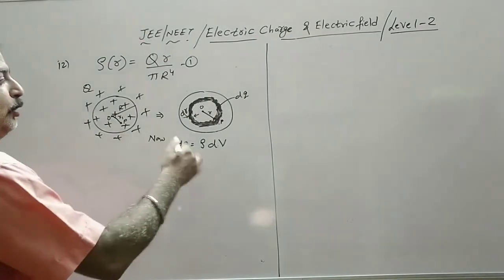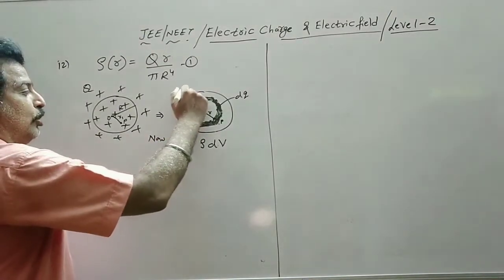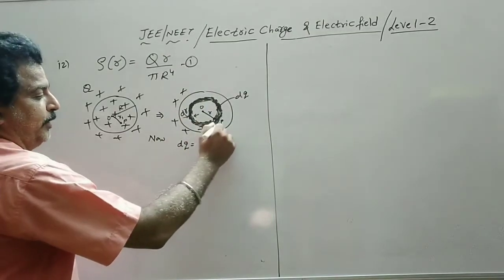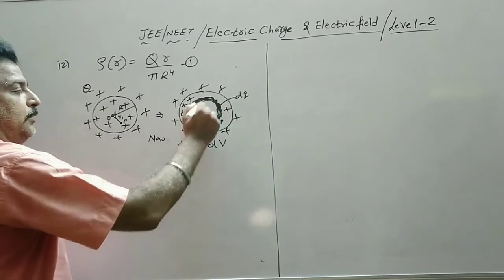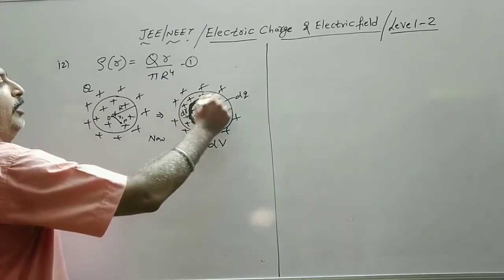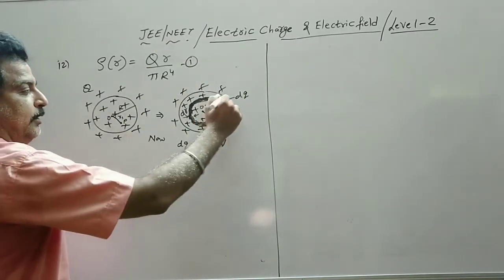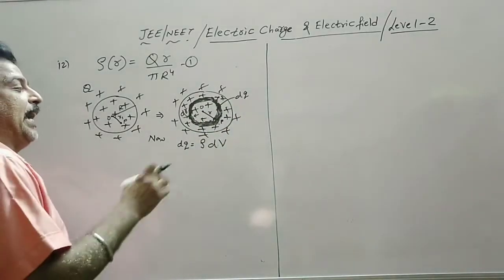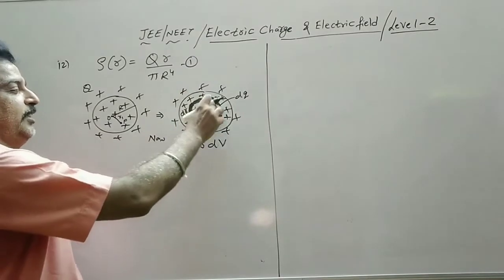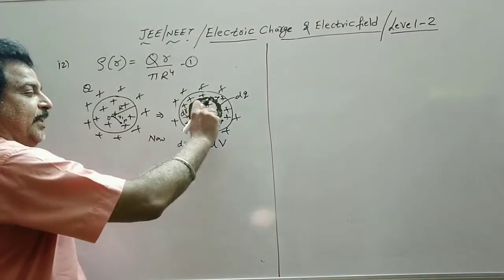So I have to find out the total charge enclosed because the distribution is non-uniform, because rho is a function of small r. So first I will find out how much charge is enclosed inside this radius r.